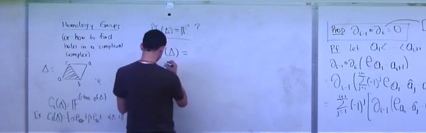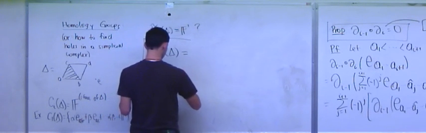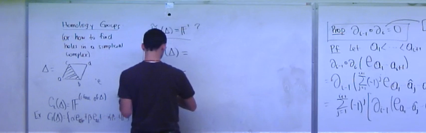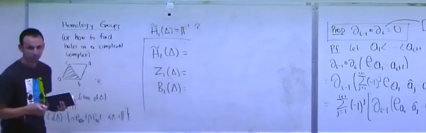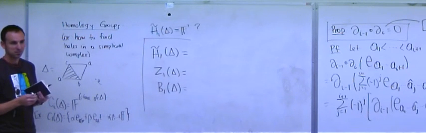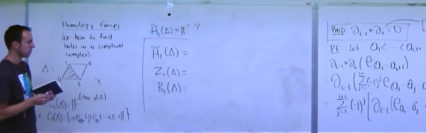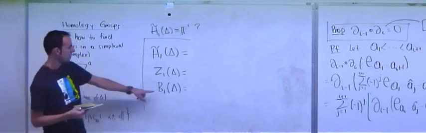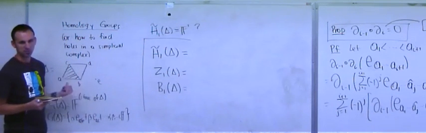Which one would you rather give me? B, right? B is easier. Because the boundaries are just, you take everything that lives in C2 and you take the boundary of it.